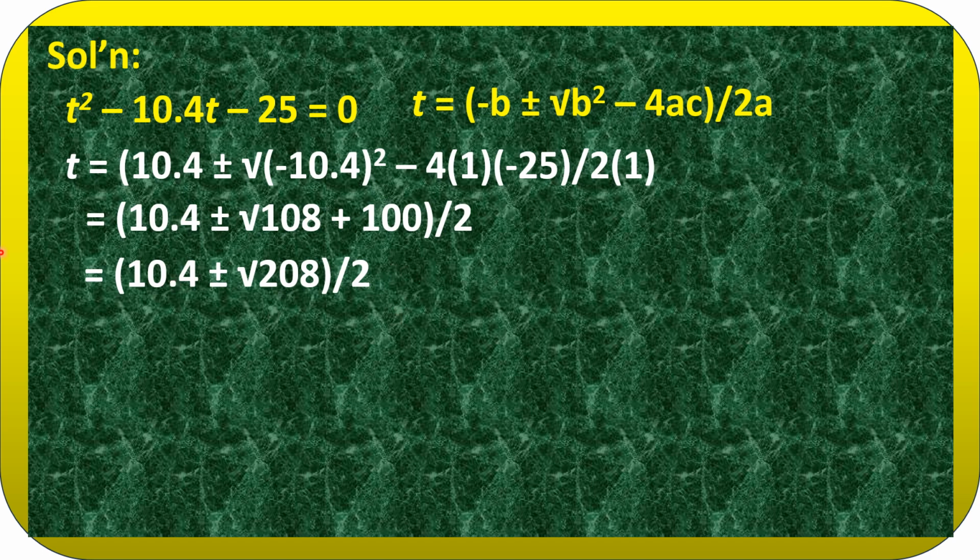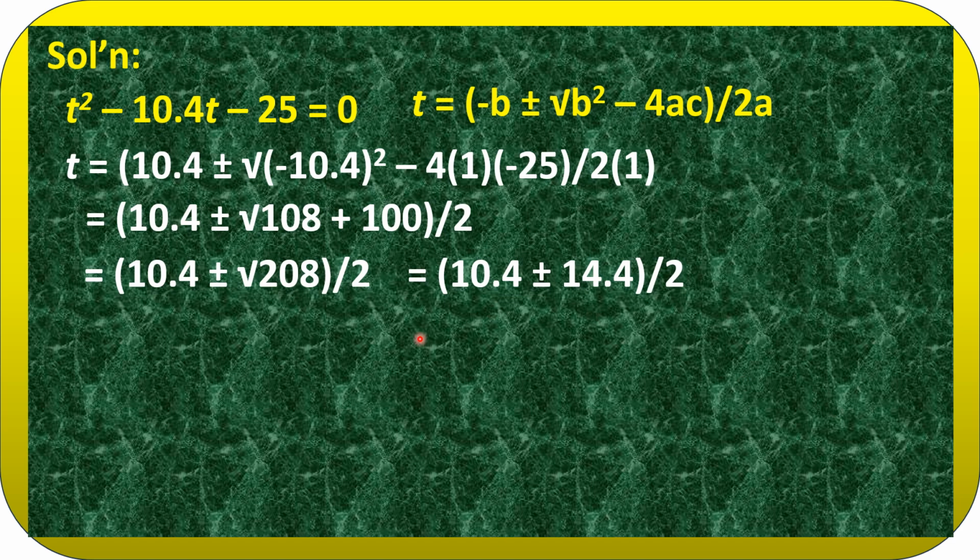Now, the other possibility, theoretically speaking, is when you subtract 10.4 minus the square root of 208. Let's first write down the result of getting the square root of 208, and that is 14.4.